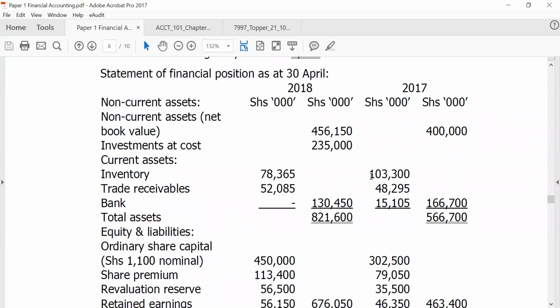So you basically get this 103,100 and subtract 78,365.